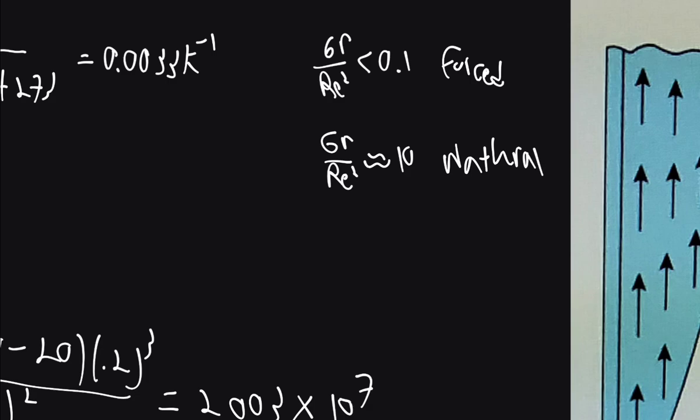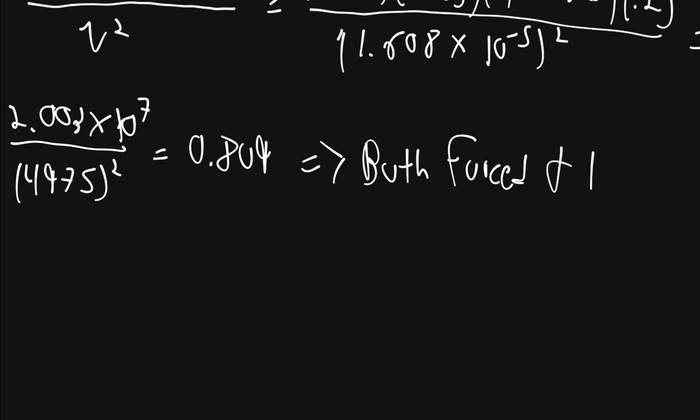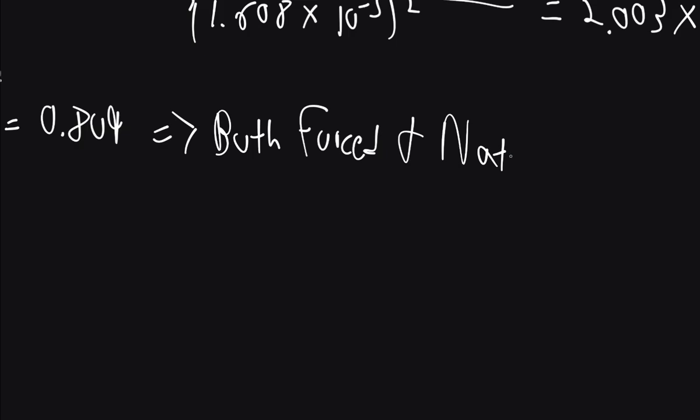If it's about 10, then natural convection. We get 0.8. That's about 1. So neither of those we can assume. That means both forced and natural convection. So that means we have to solve these separately.